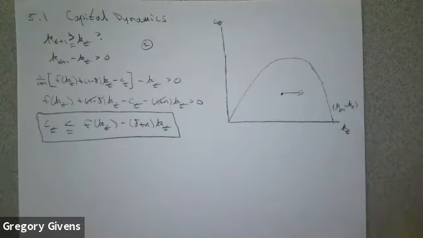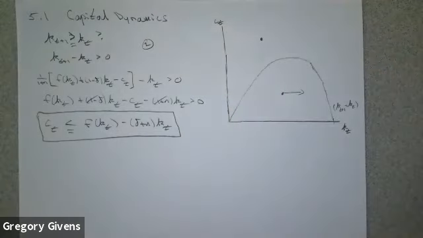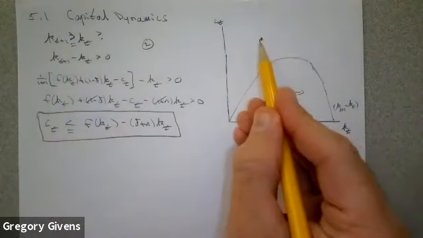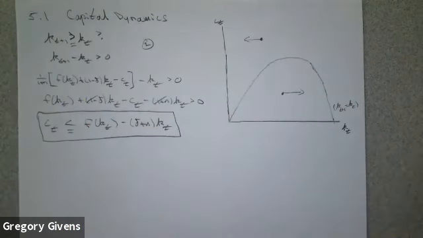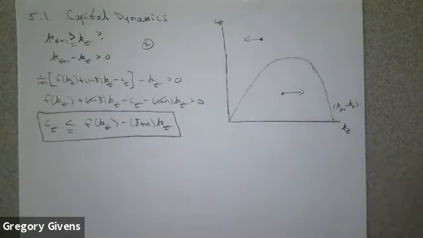Any point that is above this locus is one in which the capital stock is therefore shrinking over time. Any point along this locus is one in which the capital stock is not changing between t and t+1.